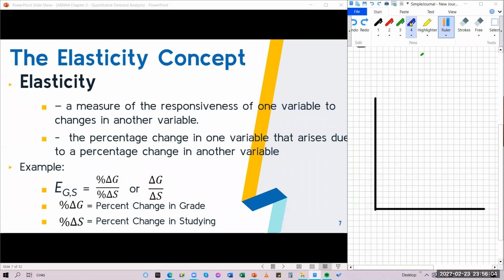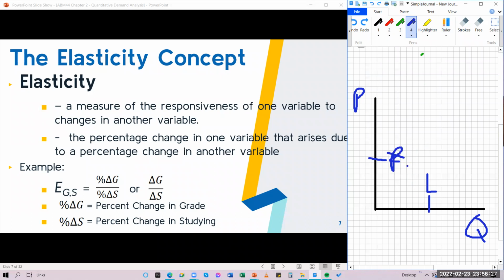As you can see, we have our curve here. We have mostly price and quantity. They differ in measurement. For example, if the commodity is milk, milk is measured by liters. That is the quantity. How about the price? Probably Philippine peso, dollar, and so on.